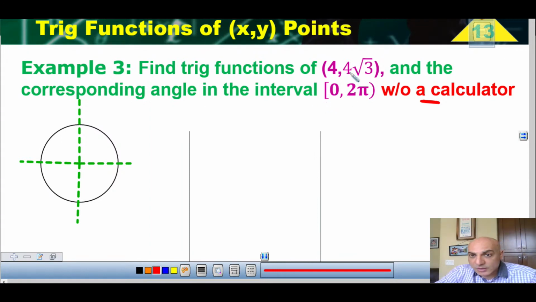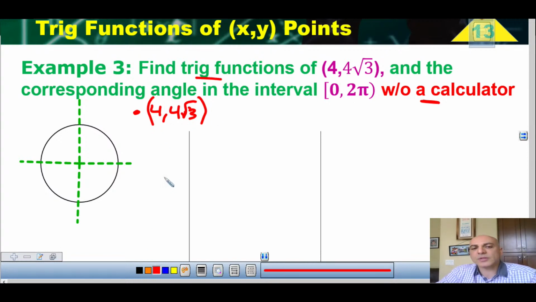But anyways, this is 4 times something. Obviously, you're somewhere probably here. 4, 4 square root of 3. Okay, you're somewhere here. This is your x, this is your y, and now you're asked to find again the trig functions.